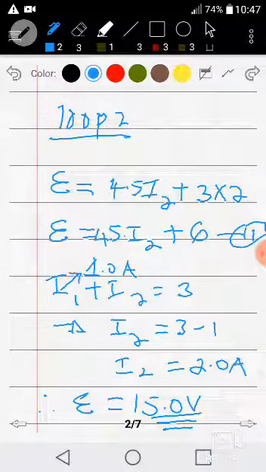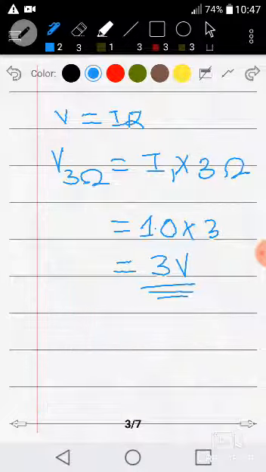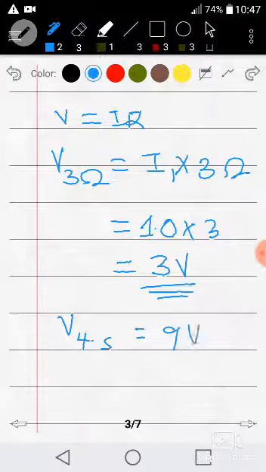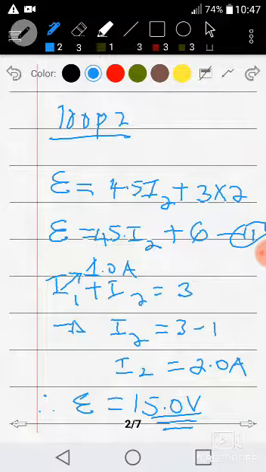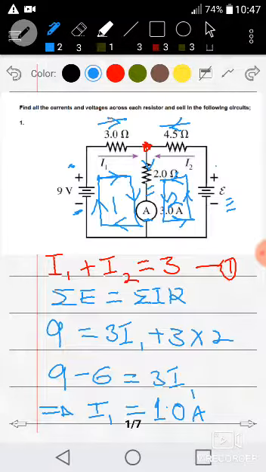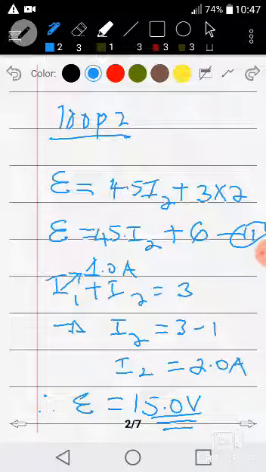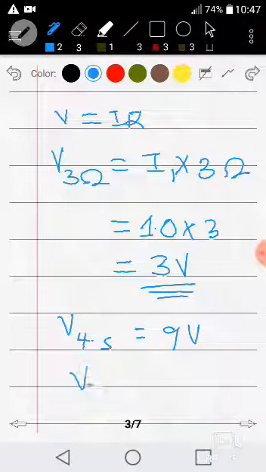I2 was 2 amperes, so the voltage across the 4.5 ohm resistor should be 4.5 times 2, which is 9 volts. Then the voltage across the 2 ohm resistor is 2 times the current, which is 3, and that gives you the voltage across the 2 ohm resistor as 2 times 3, 6 volts.